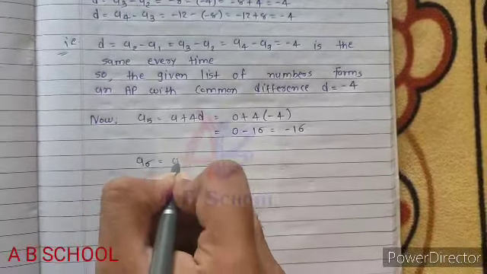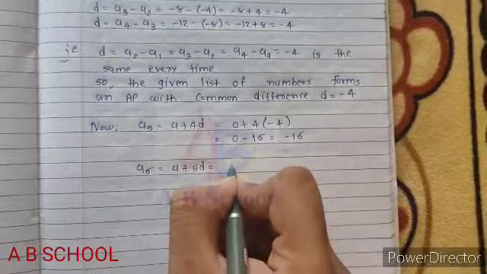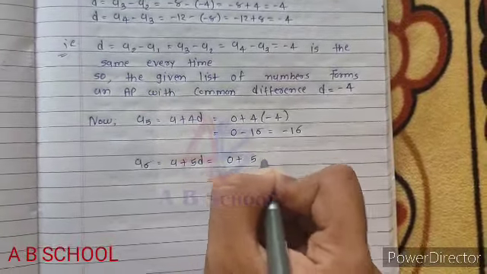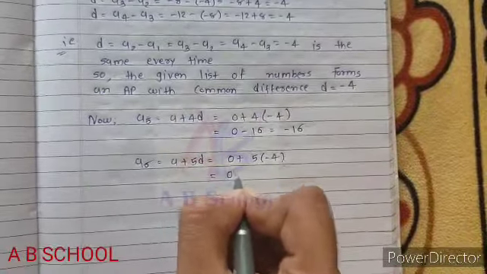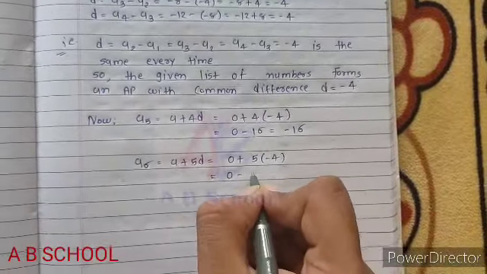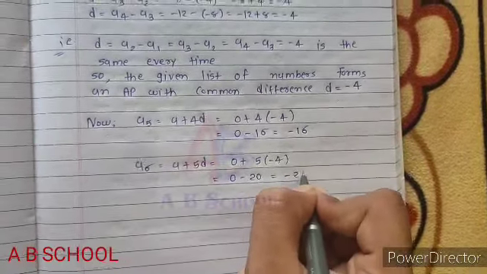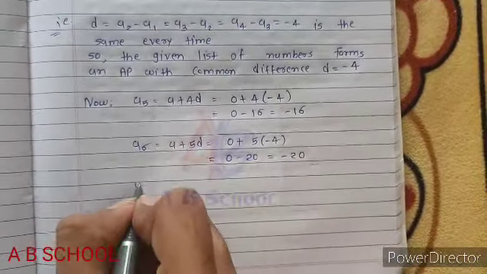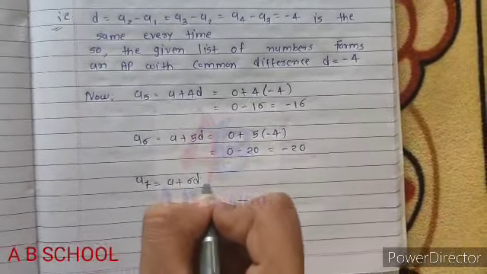A6 is equal to A plus 5D. Value of A is equal to 0 plus 5. Value of D is equal to minus 4. So 0 minus 5 4s are 20 is equal to minus 20. A7 is equal to A plus 6D.